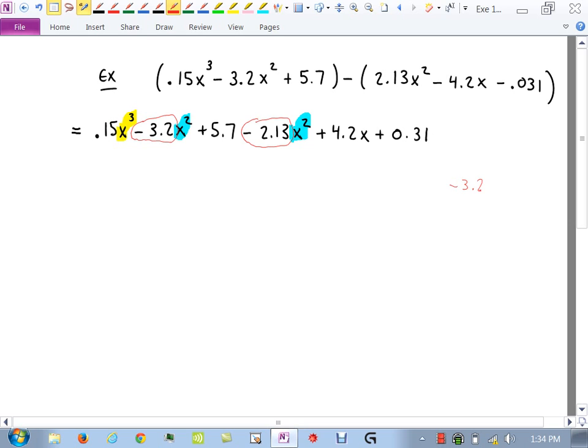Negative 3.2 minus 2.13. Now you can use your calculator here, but you've got to make sure you type this in properly. What is that going to be? Negative 5.33.